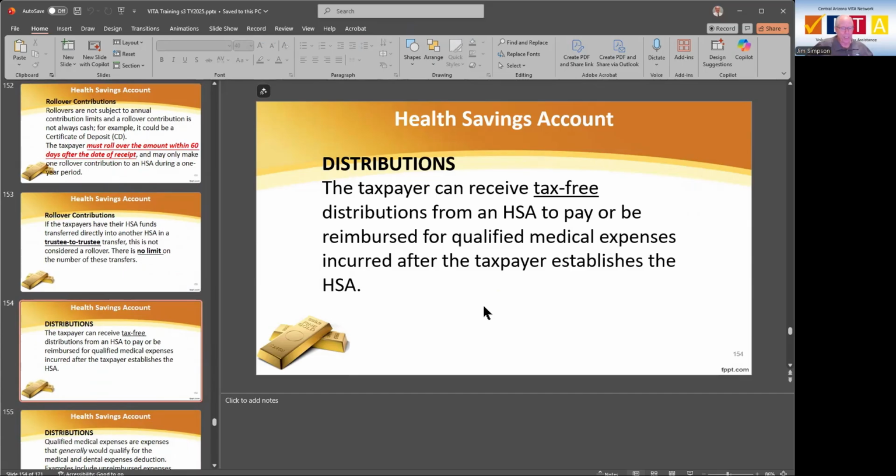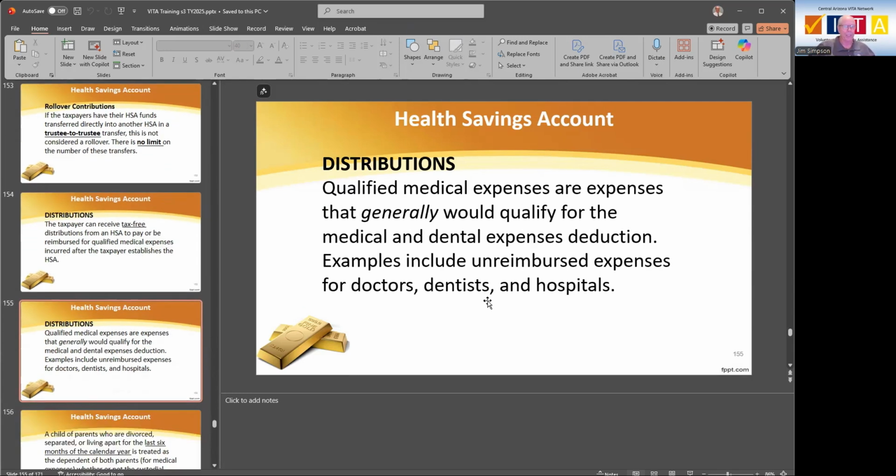Okay, so we've already kind of covered this, that you can take distributions tax-free and penalty-free as long as they're for qualified medical expenses. We'll talk about qualified medical expenses in just a second. This is generally any expense that qualifies for the medical and dental expenses deduction on Schedule A, which is itemized deductions.